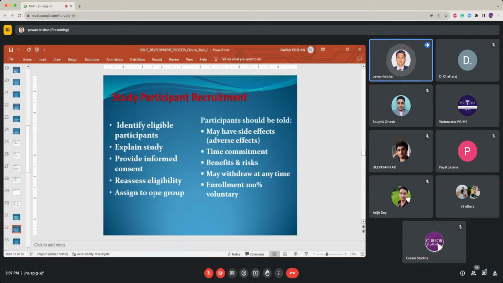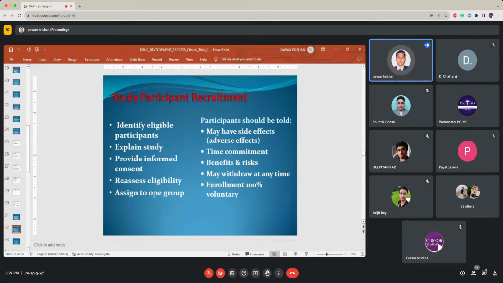So when we recruit the patients, what are the criteria or points to be kept in mind is, in clinical trials, identify eligible participants. Very important that once you lay down inclusion and exclusion criteria, that criteria has to be followed. By that you can identify which are to be included and which participants are to be excluded. For example, you are carrying out a study on a new drug for hypertension or diabetes or whatever it is.